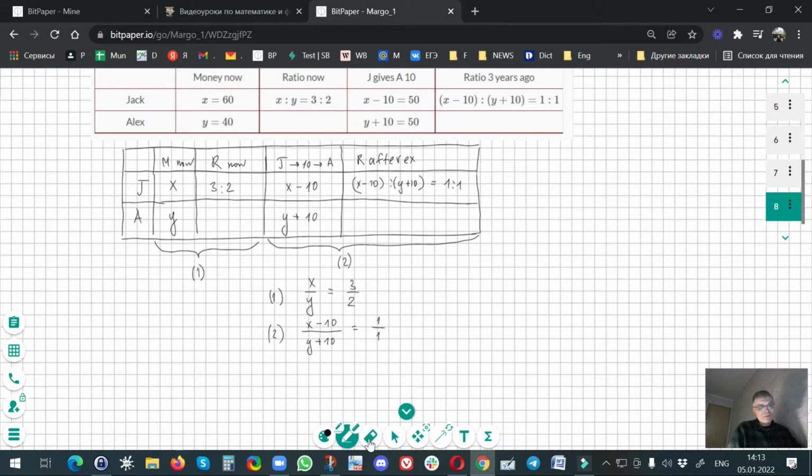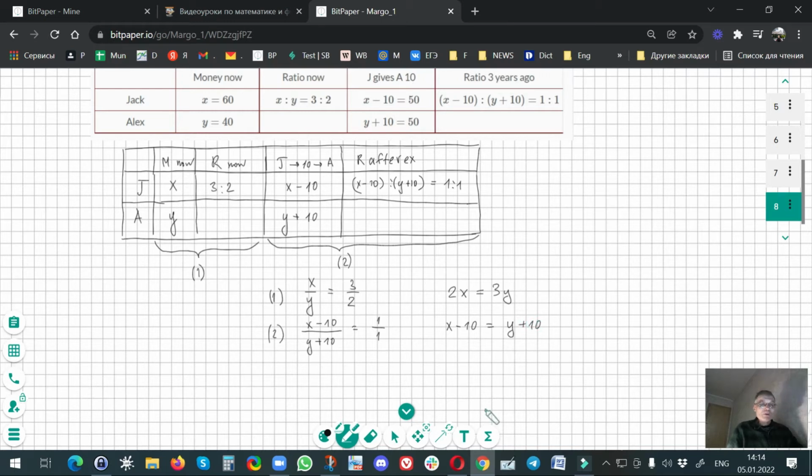It would be sufficient to write just 1, just for the sake of completeness. Then I start to solve. I crisscross every ratio, and from the first I get 2x equals 3y, and from the second I get x minus 10 equals y plus 10.